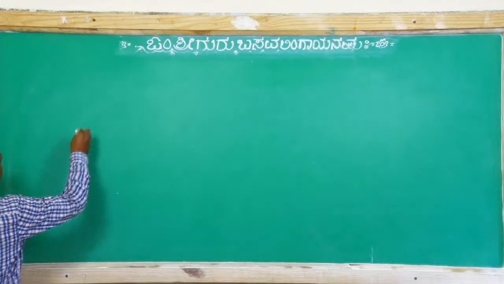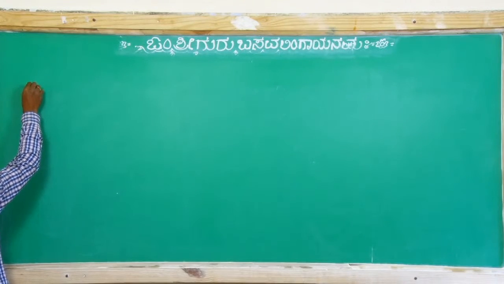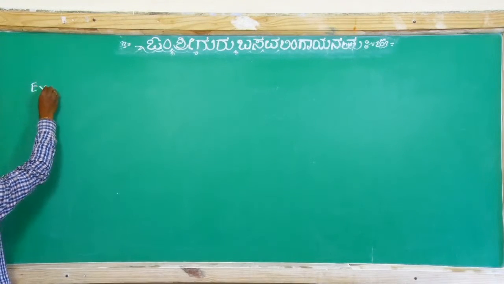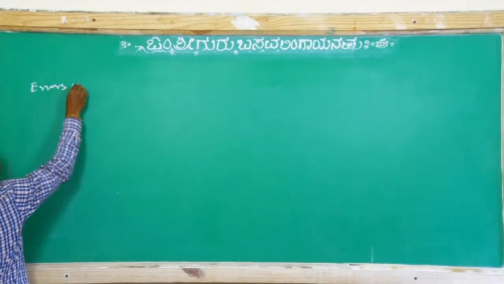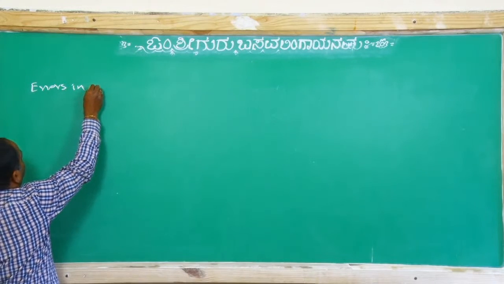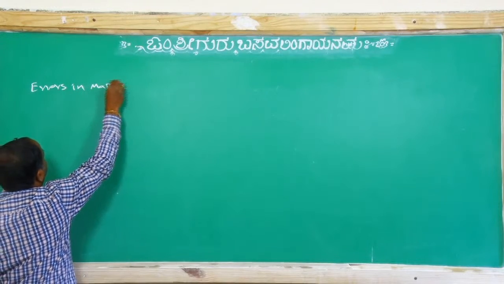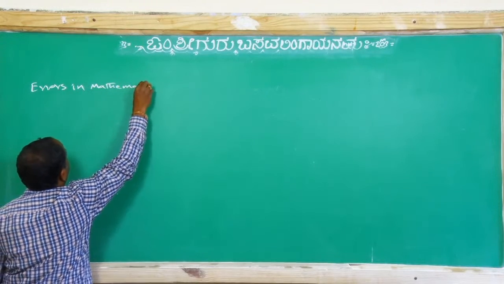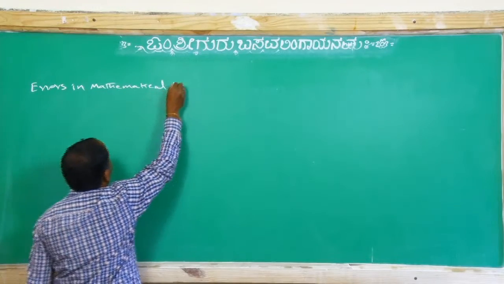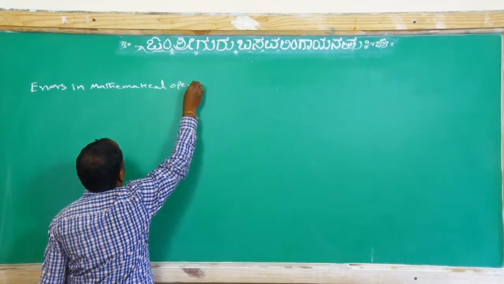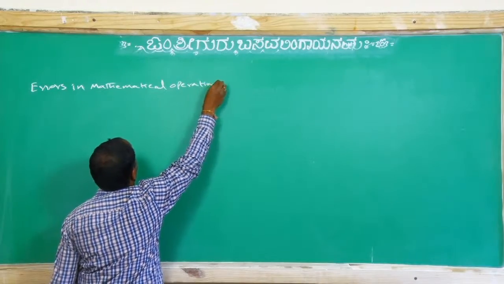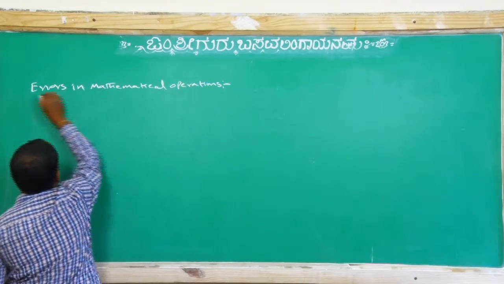Now, we will see errors in mathematical operations. Mathematical operations, how many are there? 5 are there.